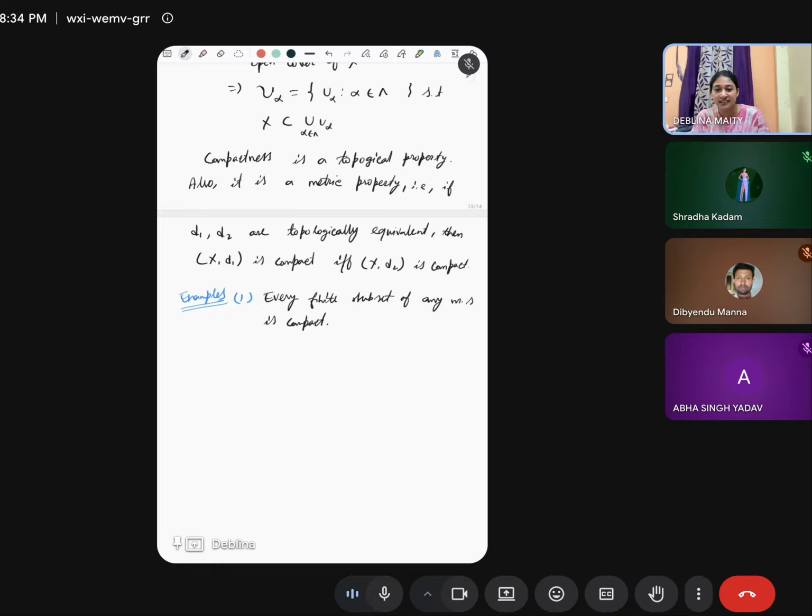We just take a finite subcover. Every open cover has a finite subcover, so it is compact. Now what about R? Is R compact?